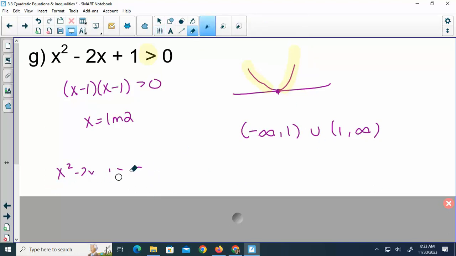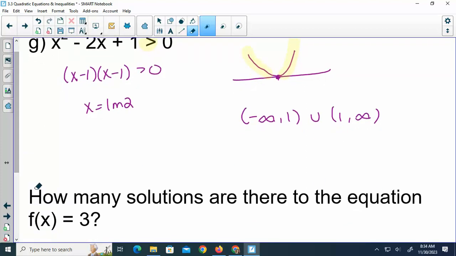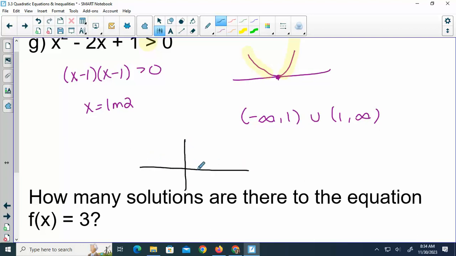Last thing, using this graph, can you tell me how many solutions are there to the equation f of x equals 3? So, we didn't draw a real precise graph, but we said it hit the x-axis here, and it looked like this, right?